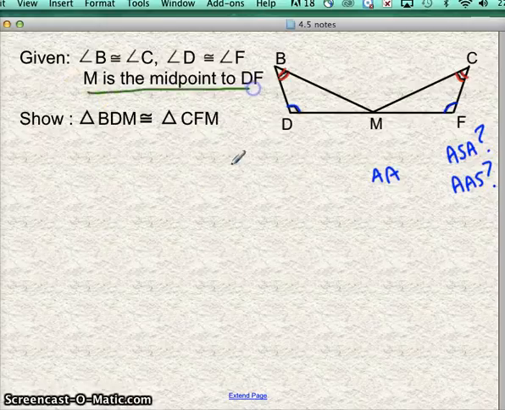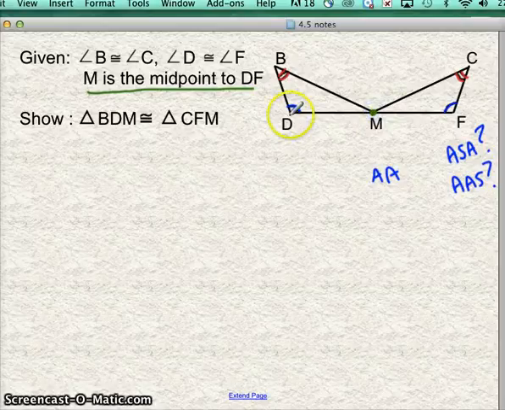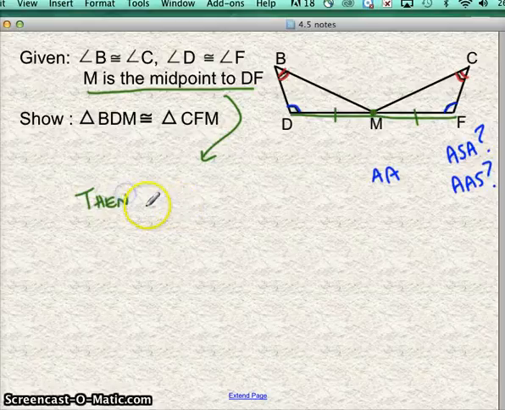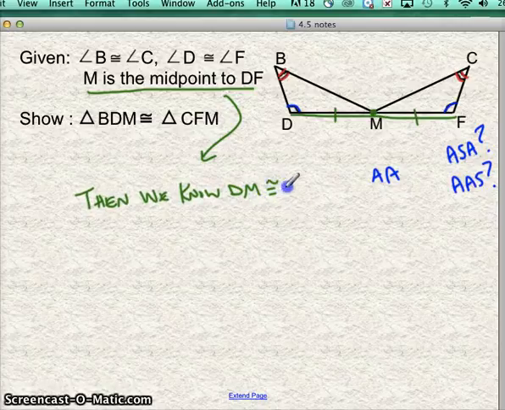M is the midpoint of DF. M is the middle of this side length, which means it splits it in half. So then, since M is the midpoint, then we know that DM is congruent to FM. All right, well now which one do I have?